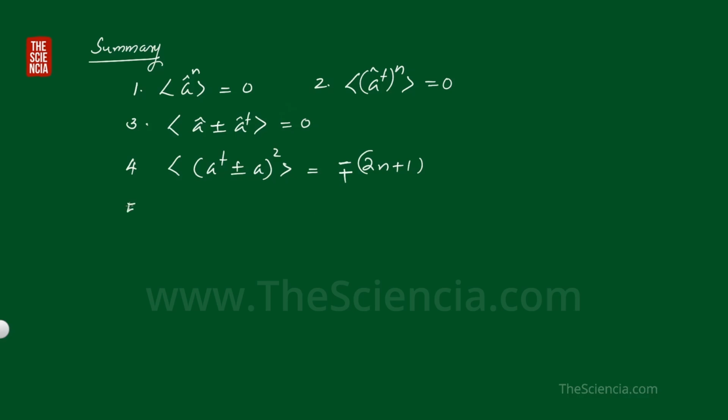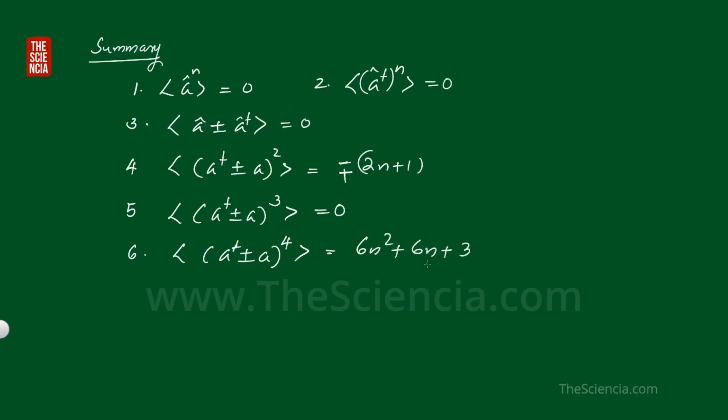And fifth one, expectation value of (a dagger plus or minus a) whole cube is equal to 0, and sixth one, expectation value of (a dagger plus or minus a) raised to 4 is equal to 6n square plus 6n plus 3.